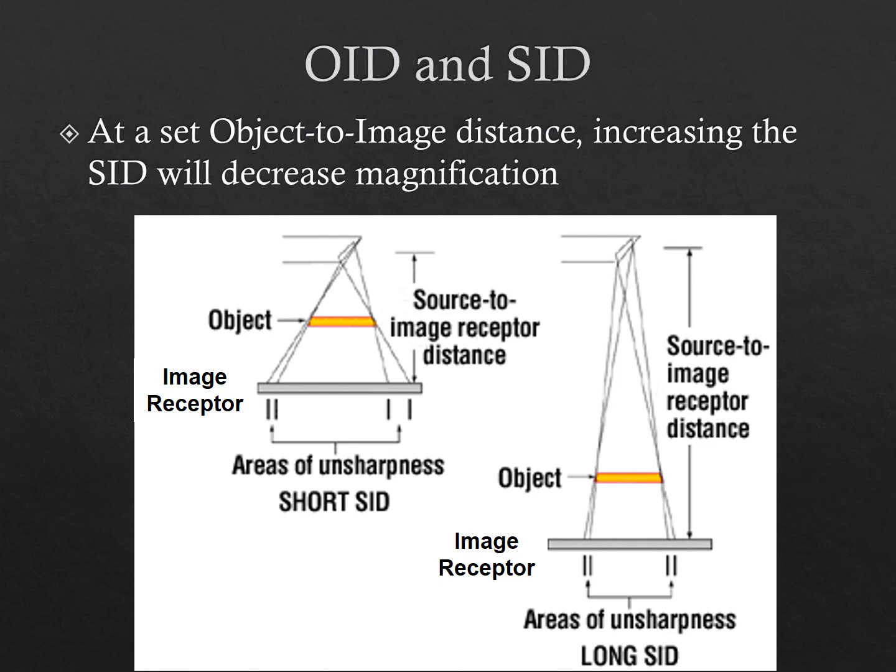So I leave my object to image distance because it is what it is. If I increase my SID, that decreases my area of unsharpness, and you're also going to find that it decreases the magnification of the object.